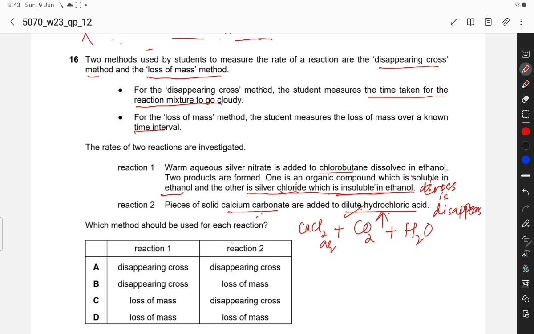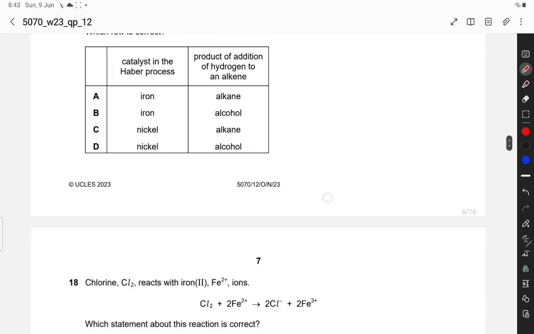Which method should be used for each reaction? In reaction 1, disappearing cross. In reaction 2 it is not disappearing cross, because an aqueous solution, a gas and a liquid are formed. Gas escapes and there is a change in mass, loss of mass. So B option is the correct option.